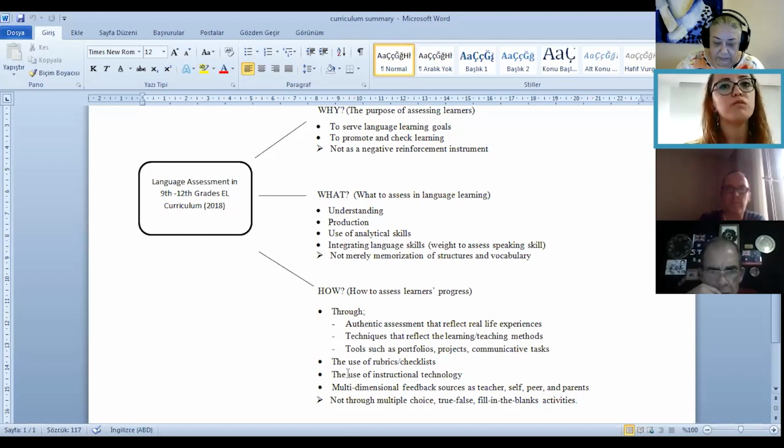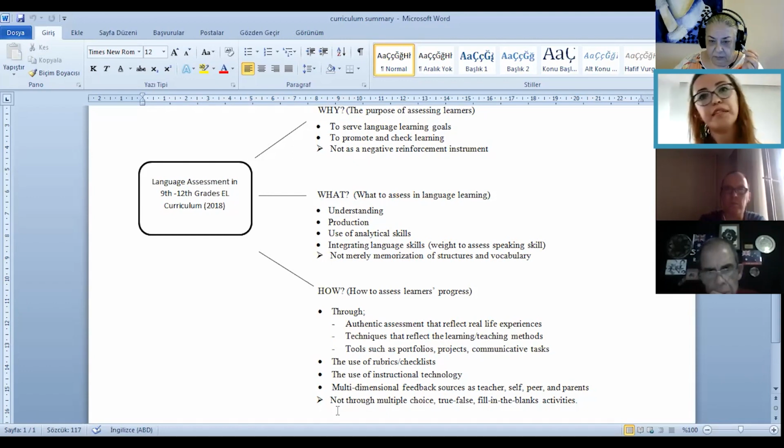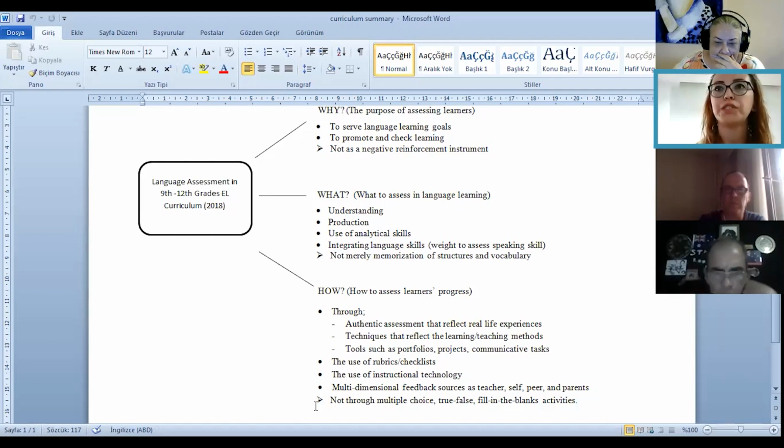It also suggests the use of rubrics and checklists, instructional technology for the assessment part, and multi-dimensional feedback sources such as teachers, self-assessment, peers, and parents. But not through multiple choice, true-false, and fill-in-the-blanks activities. So this is the summary chart of the assessment dimension of the current curriculum.